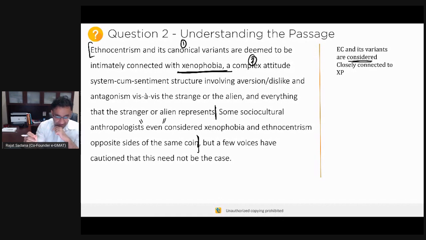Even considered XP and EC to be opposite sides of the same coin, but a few voices have cautioned. But again, as a keyword over here, contrast, going in the opposite direction. But what's the value of this word even? I'm not going to argue grammar over here, but what is even linking to?